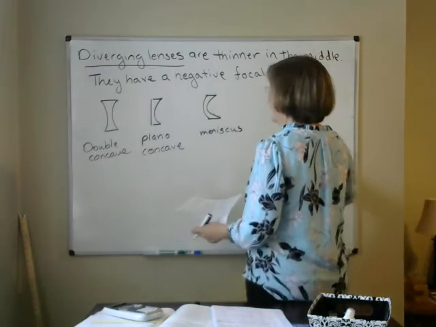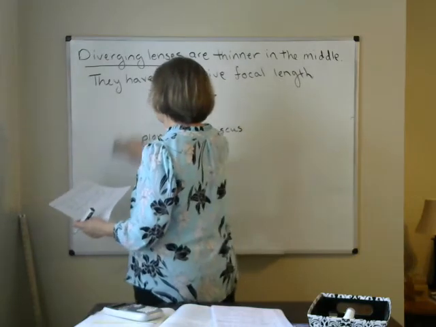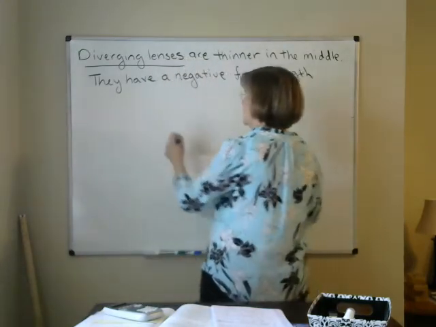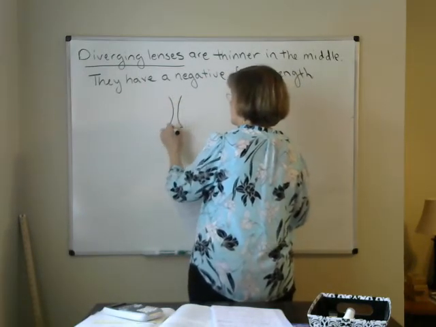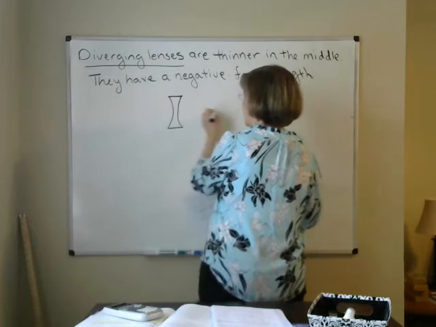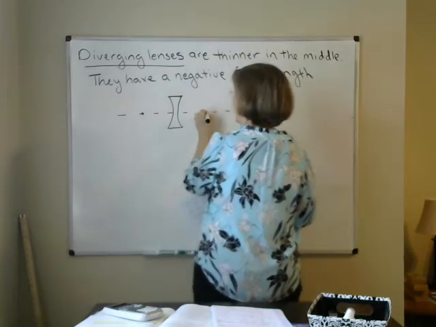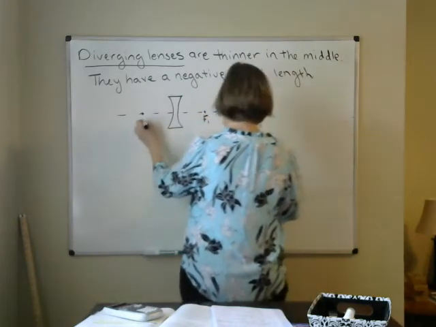Let's look at how the rays behave, or how images get formed. If I have a double, the easiest one, let's do diverging, let's just do a double concave. It will have two focal points. They call this one F1 and this one F2.